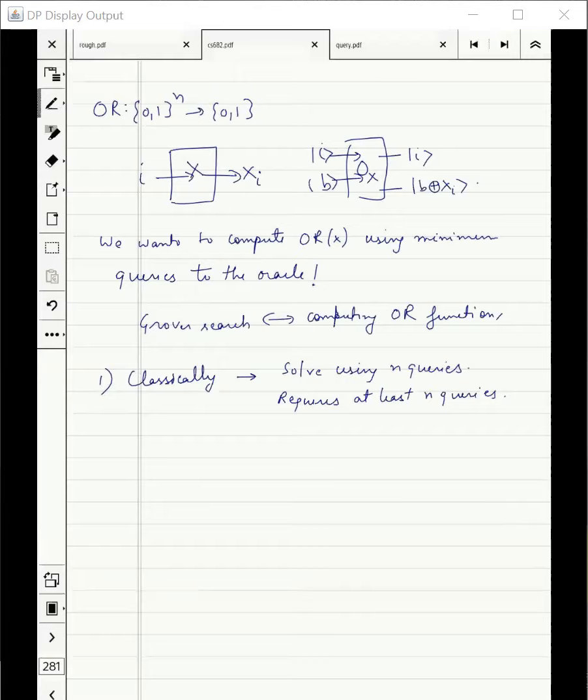Quantumly, what do I know? I can solve using root n queries. Very nice. And that follows from Grover search.